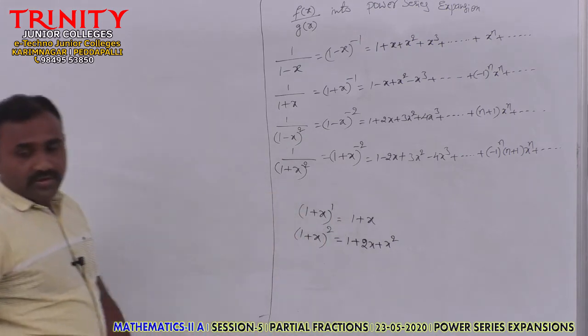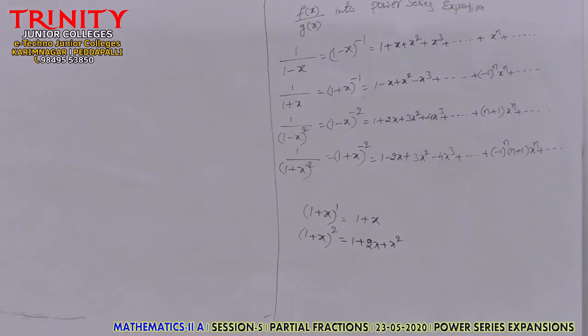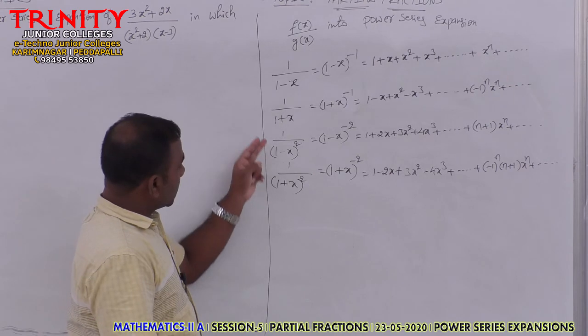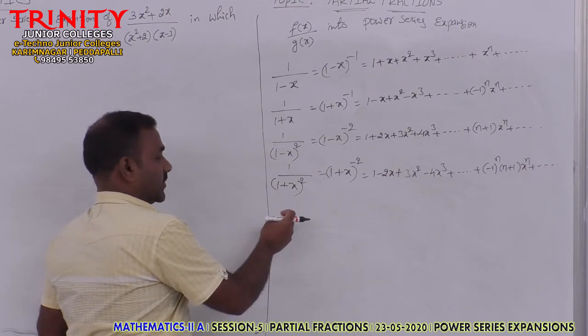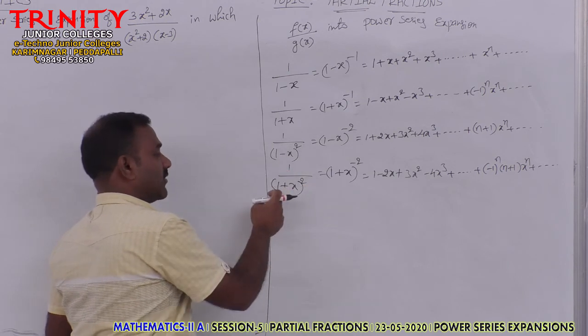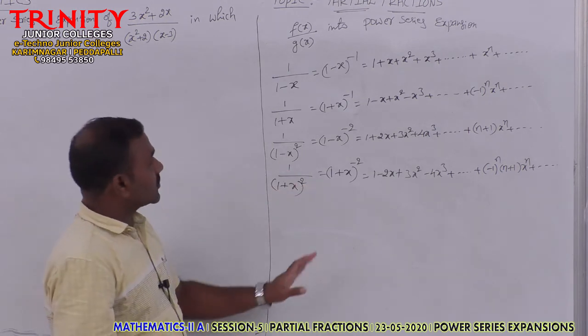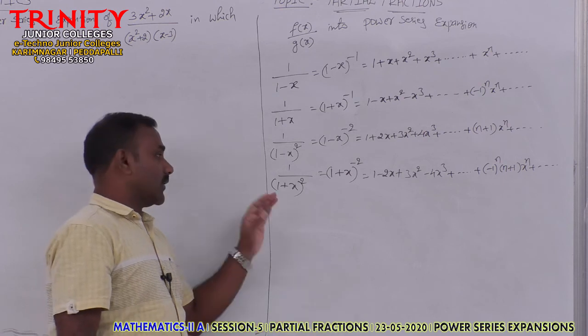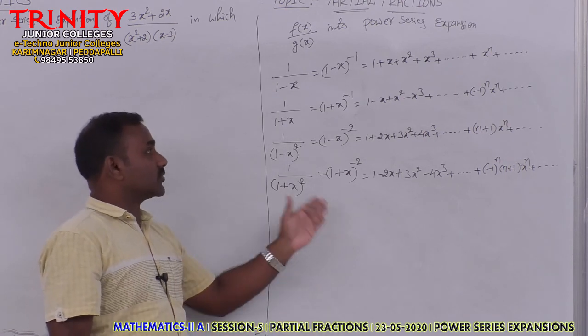Like this, we can write the power n also. If we expand the expression like this, we get the expansion of 1 by 1 plus x whole power n and 1 by 1 minus x whole power n also. Already in the last class we discussed those forms.